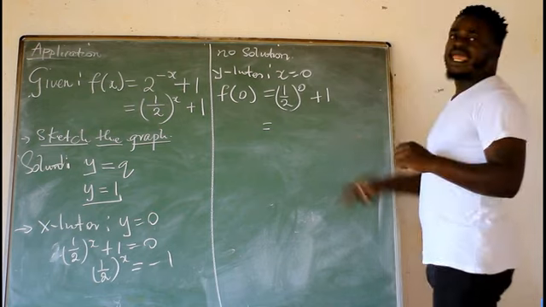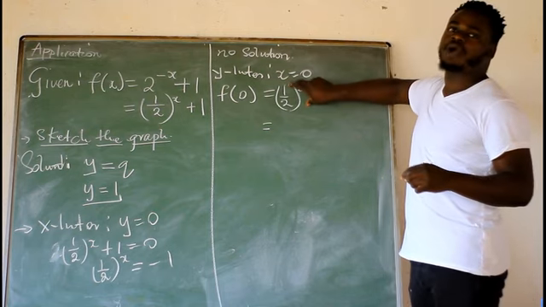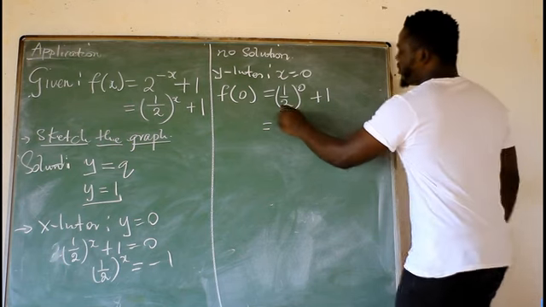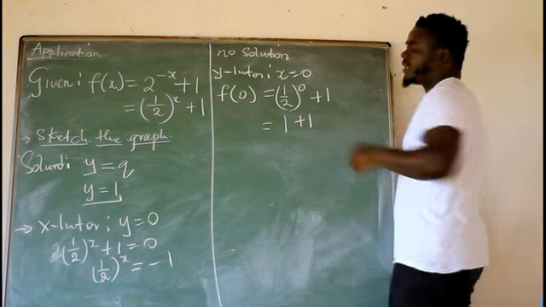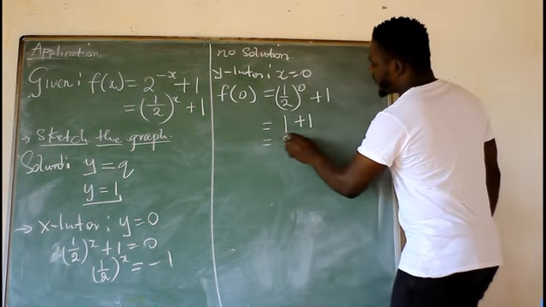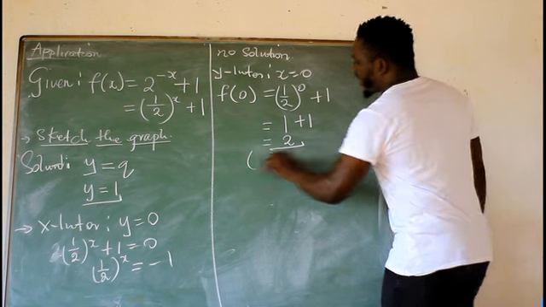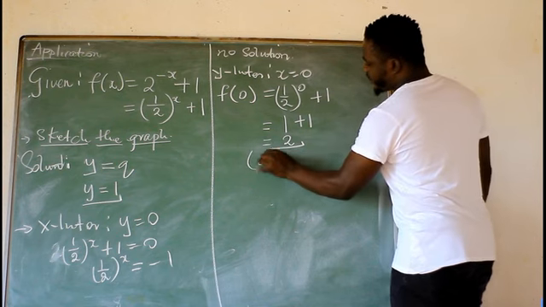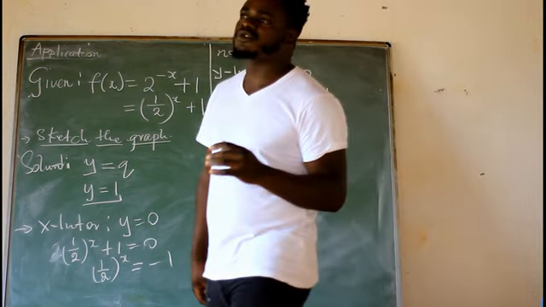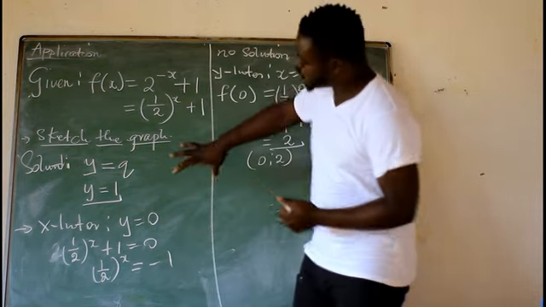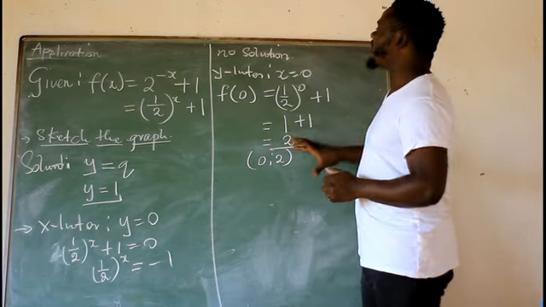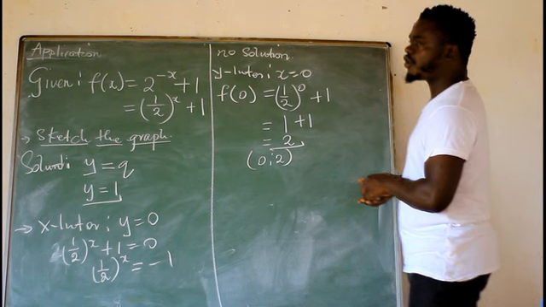Any number to the exponent 0, according to the laws of exponent, equals 1. Then it's 1 plus 1, which is 2. Then the y-intercept is (0, 2). In order to sketch this graph, you only need the asymptote, the x-intercept, and the y-intercept. Let us go and draw that graph.